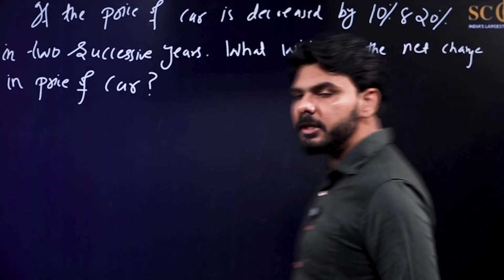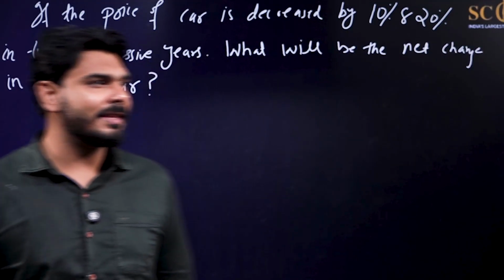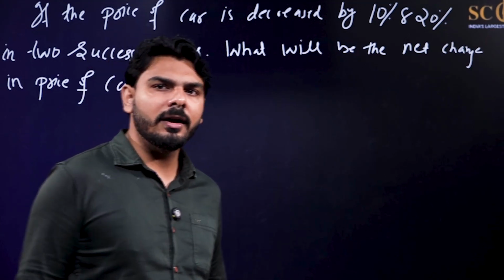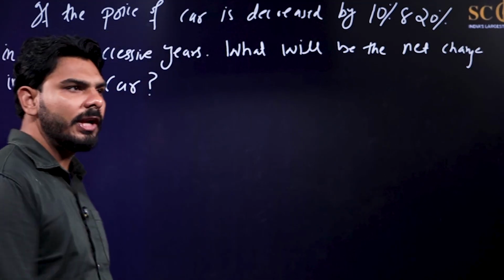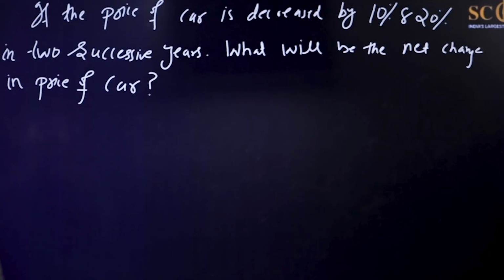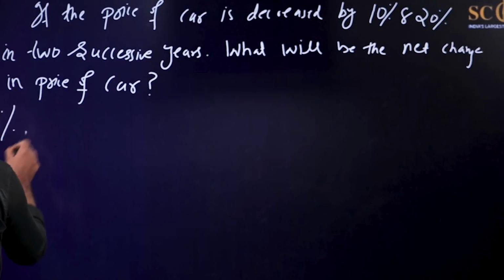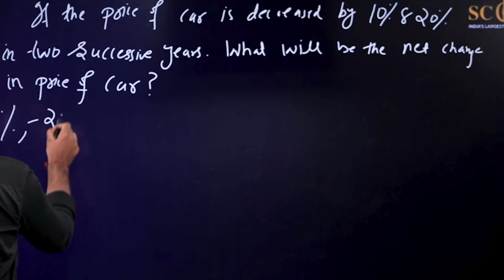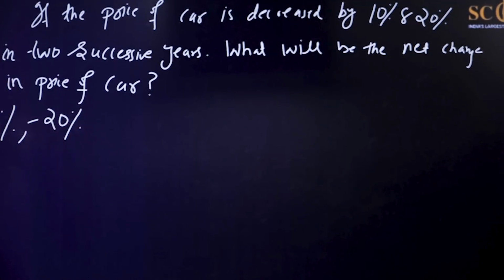Okay, agents, let us now solve this question and see the correct answer. The price of the car is first decreased by 10% in the first year, then again decreased by 20% in the second year. You have to find the net change in the price of the car.